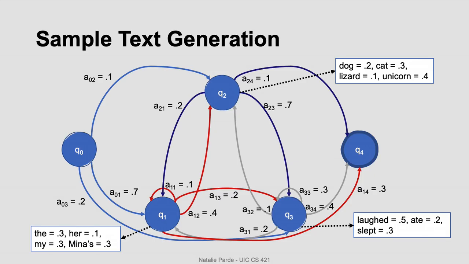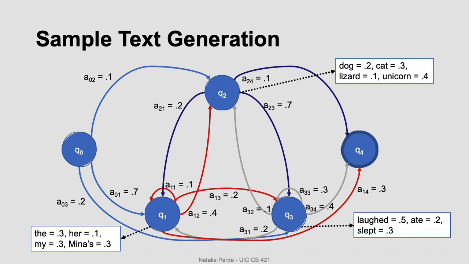So we'll start off in our start state, Q0. We have some transition probabilities specified here, and we also have some observation likelihoods. So for example, in Q1, we observe that we have a 0.3 likelihood of selecting the word my, but only a 0.1 likelihood of selecting the word her.